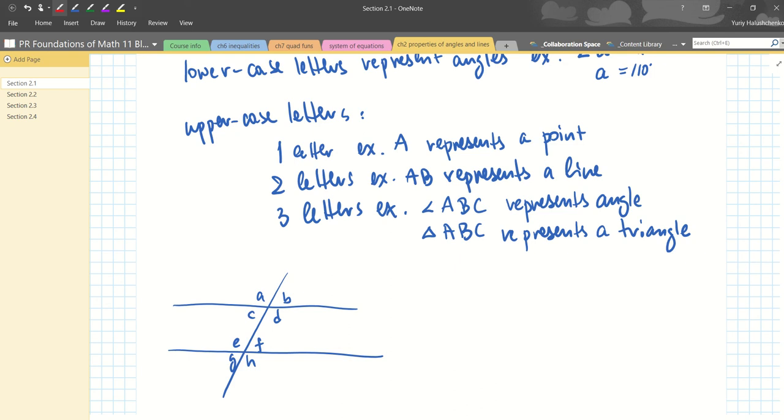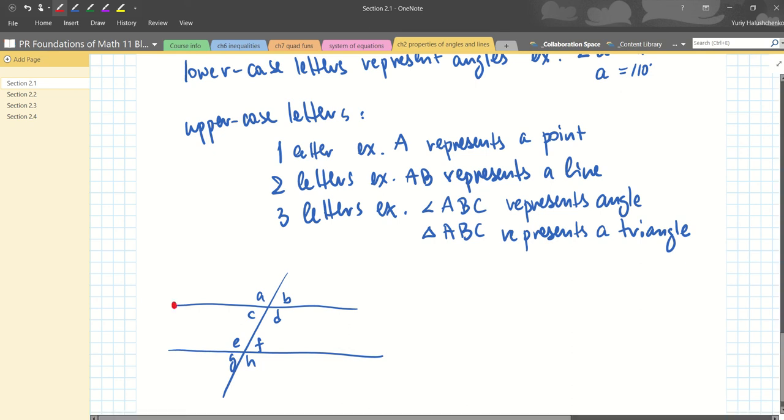So in the textbook, a lot of times you're only going to see uppercase letters, which represent points. I could also show the same scenario using points. I can call this my point A, this point B, C, D, uppercase E, and point F.